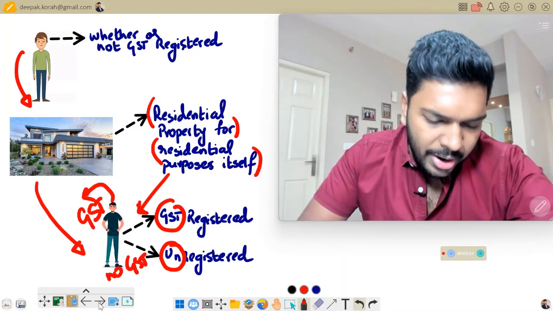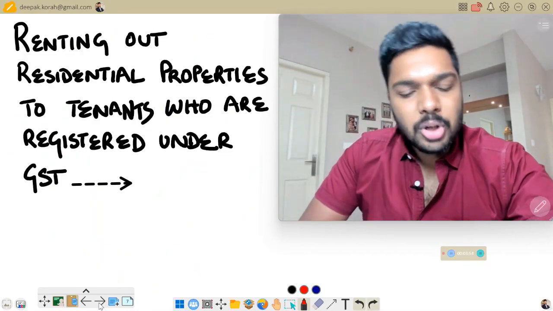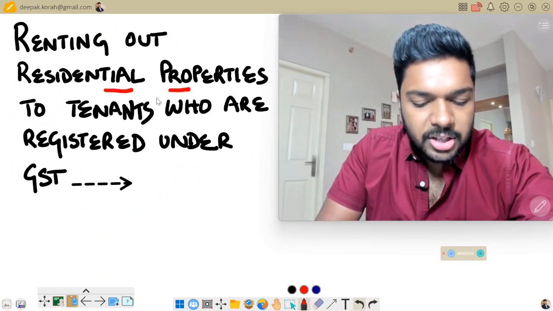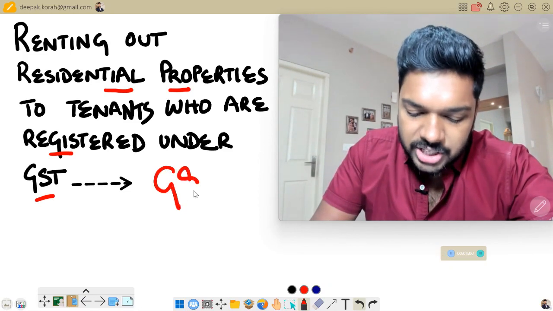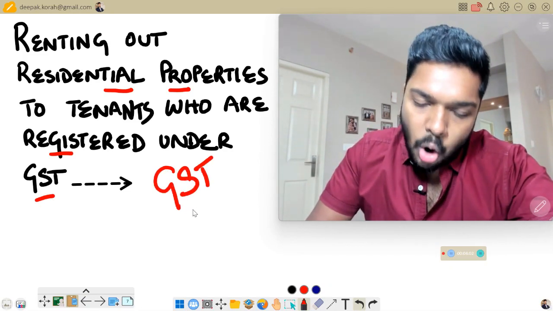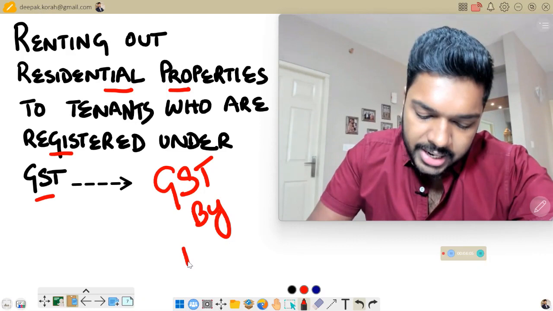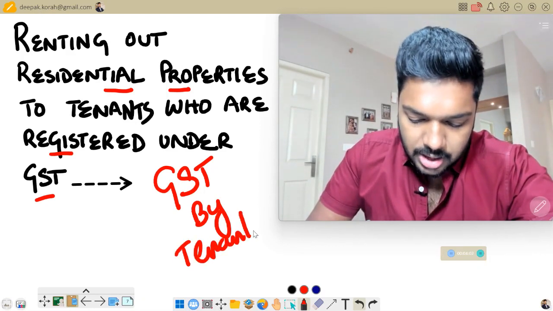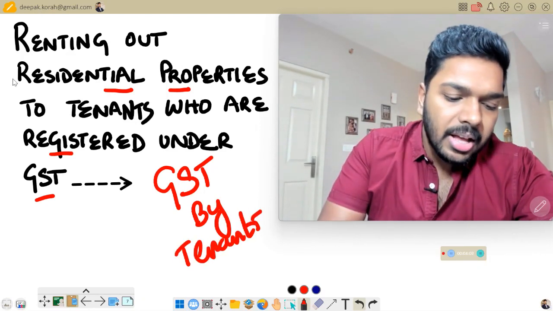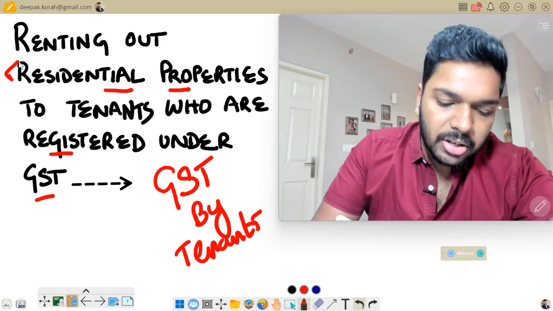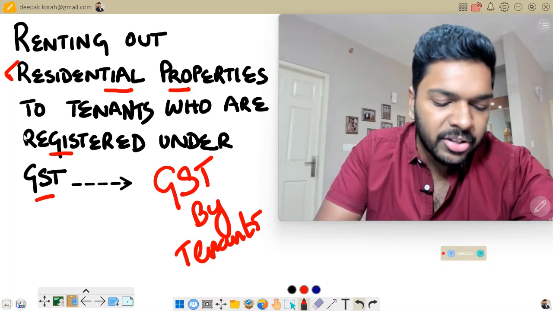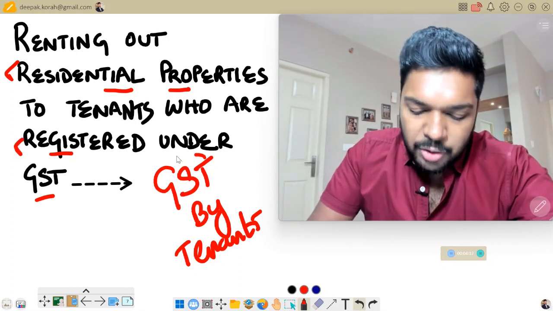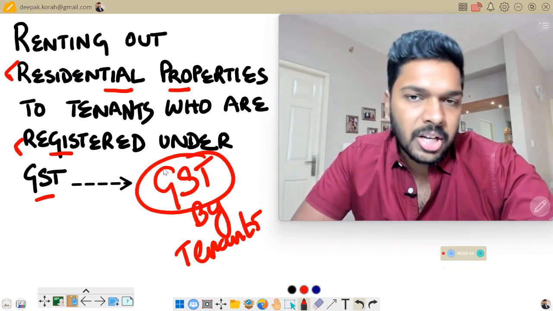In short, if I were to sum up, renting out of residential properties to tenants who are registered under GST would definitely attract GST, and this would have to be paid on reverse charge basis by the tenants themselves. So properties which are residential in nature but used for either residential purpose or for commercial purpose by tenants who are registered, they will have to pay GST by themselves on reverse charge basis.